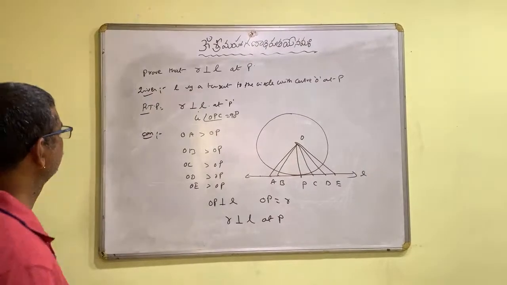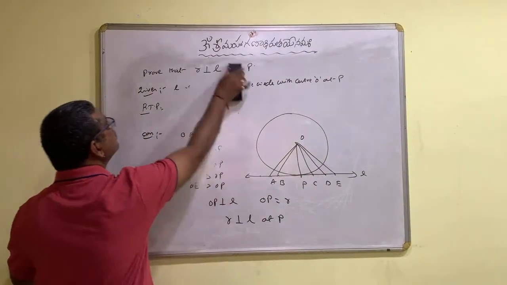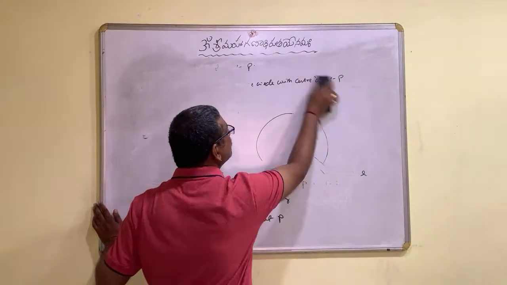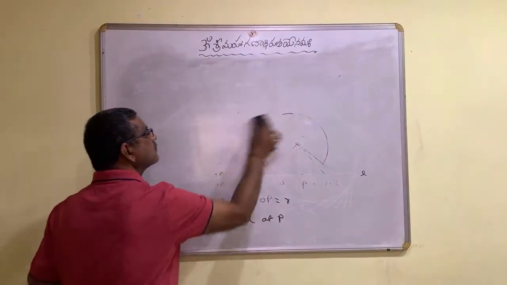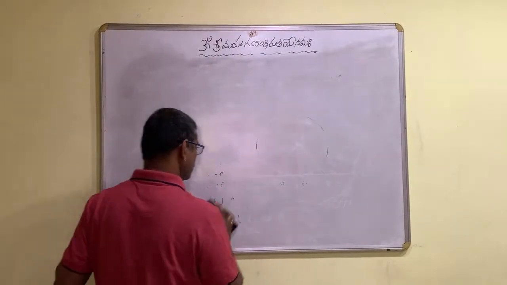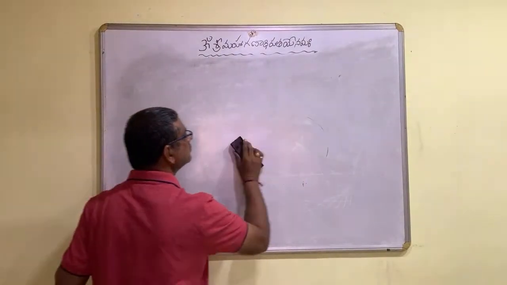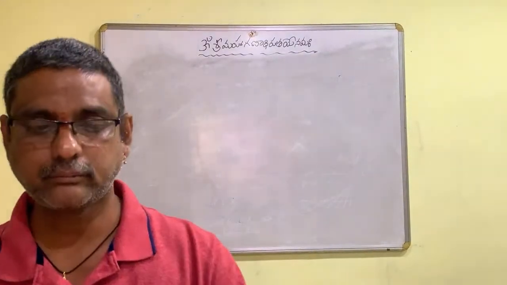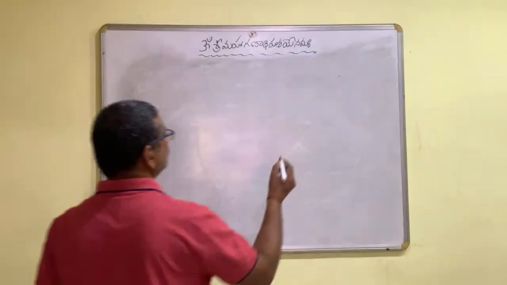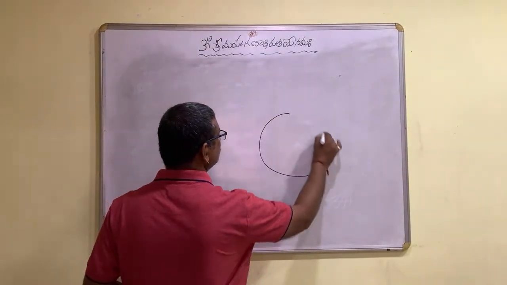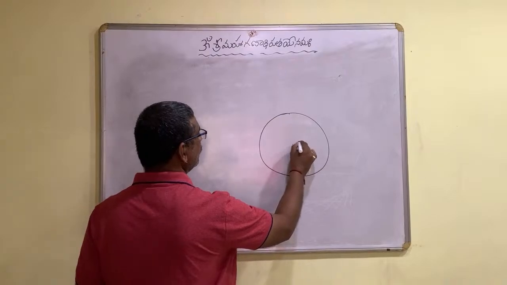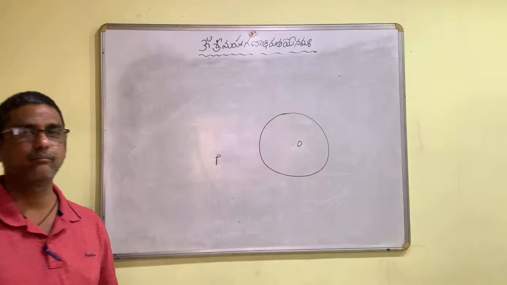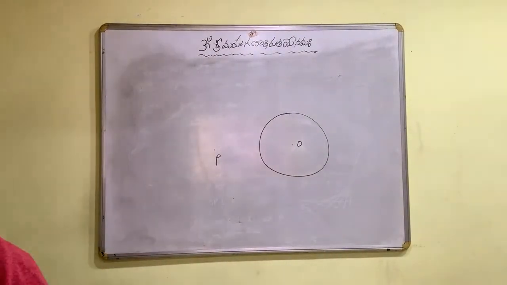Next, there is a circle with center O and there is a point P which lies outside the circle.